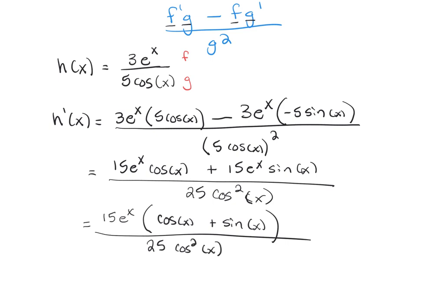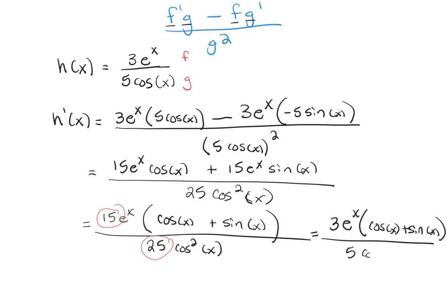And really the only thing we can do from here is simplify that 15 over 25. So divide them both by 5. We'll have 3e to the x times (cosine x plus sine x) all over 5 cosine squared x.